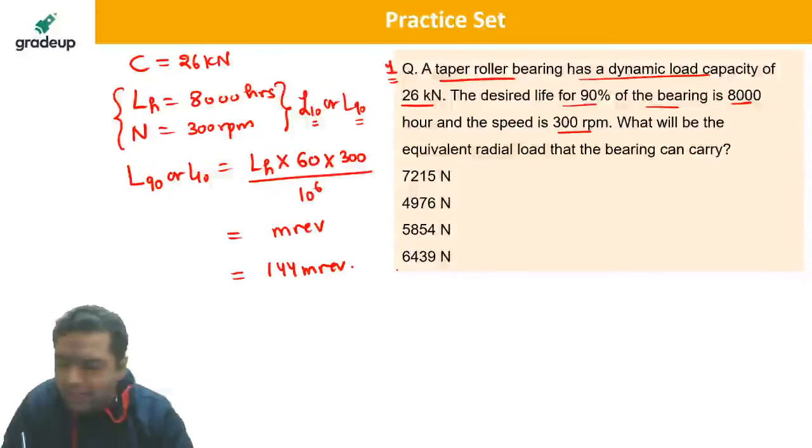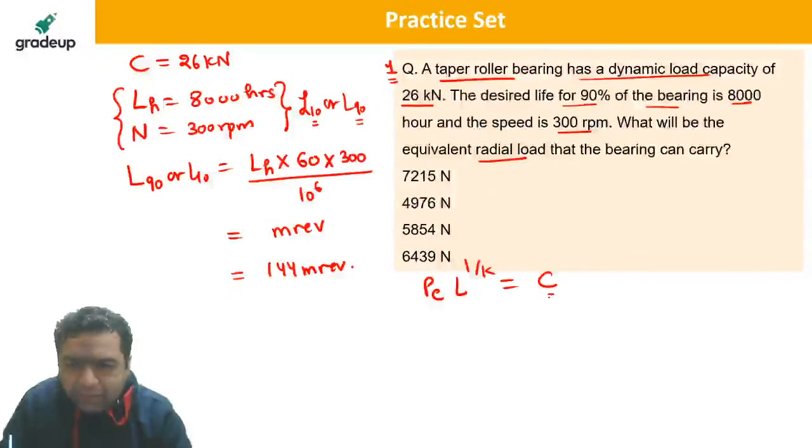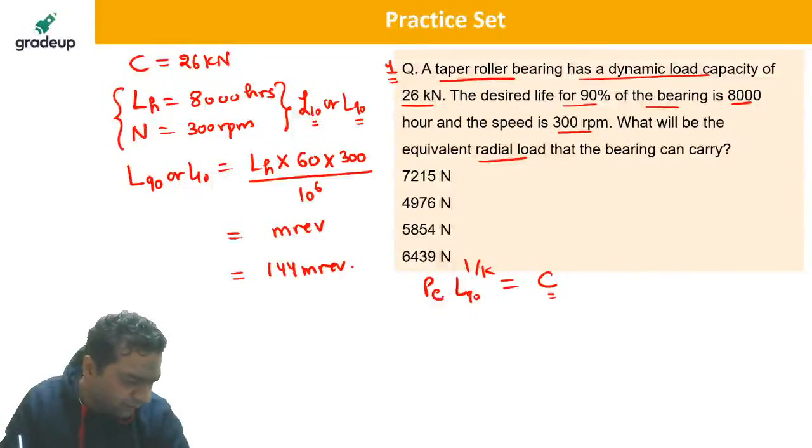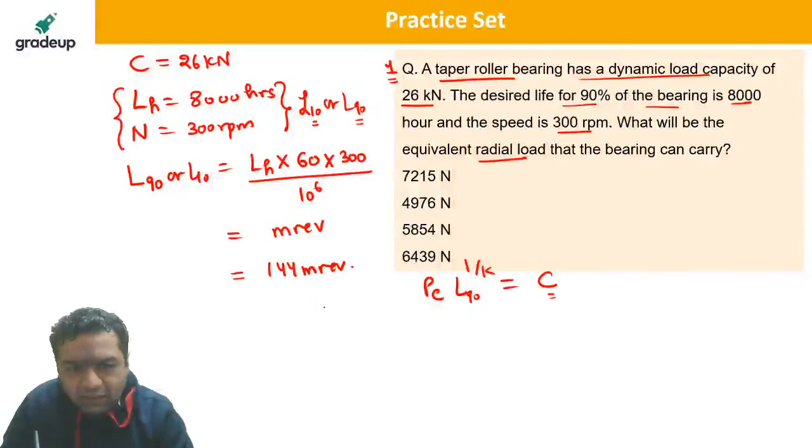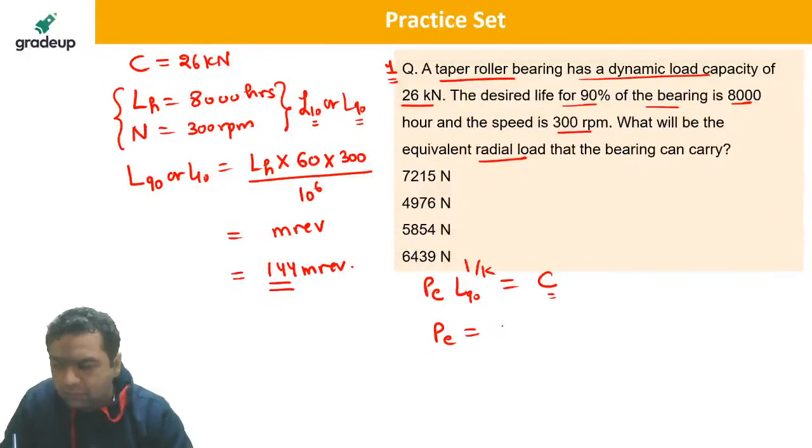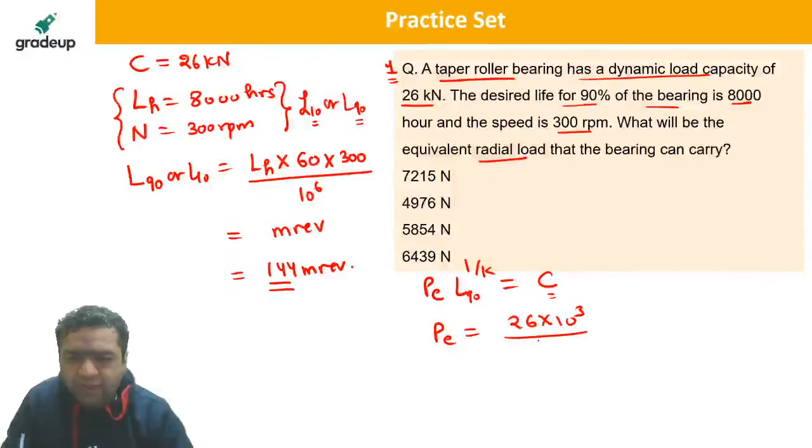Wonderful, guys. After finding the life, you need to find the equivalent radial load. You know that C is equal to PE into L to the power 1 by K, where C is the dynamic load carrying capacity and L is L90 or L10. Dynamic load carrying capacity is given as 26 kilonewton, which is 26 into 10 to the power 3, as the answer options are given in newtons.